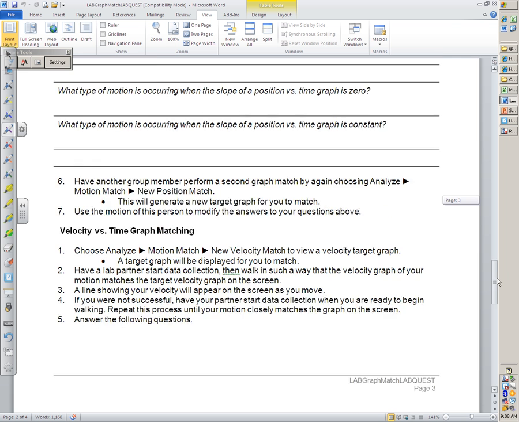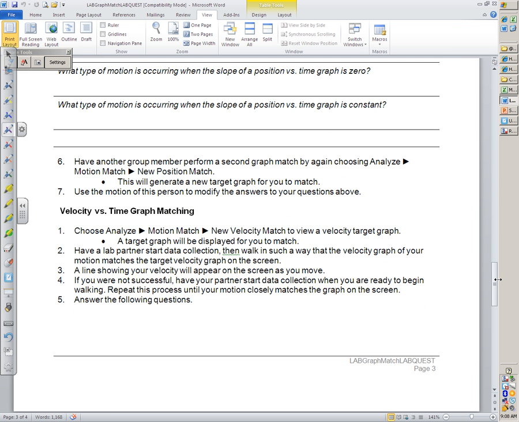Then at the bottom of page 3, cross out velocity versus time matching. You're not doing that, and none of the back page, because that all relates to velocity versus time matching. So you're only doing the position versus time matching part of page 2 and part of page 3.